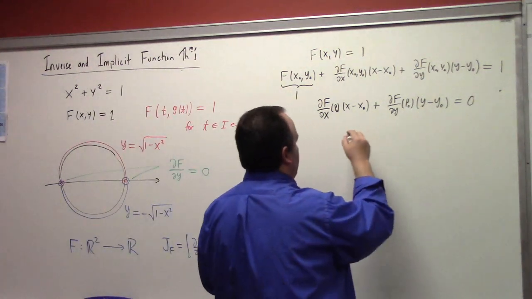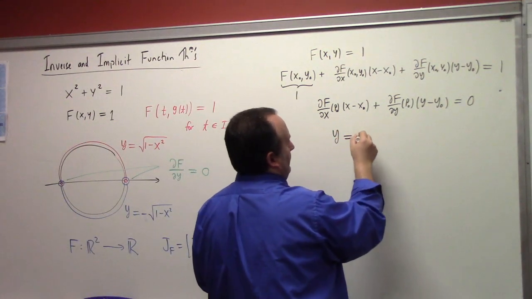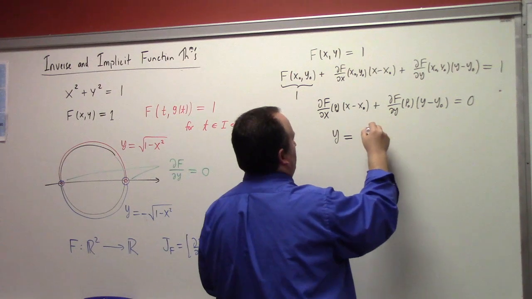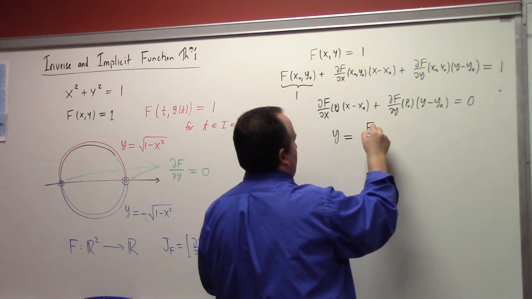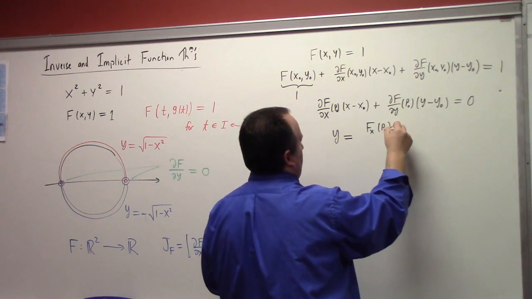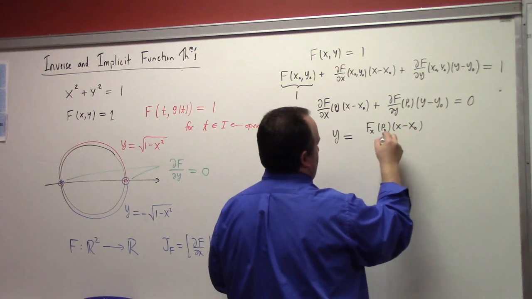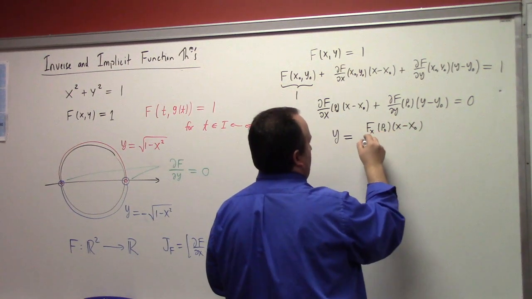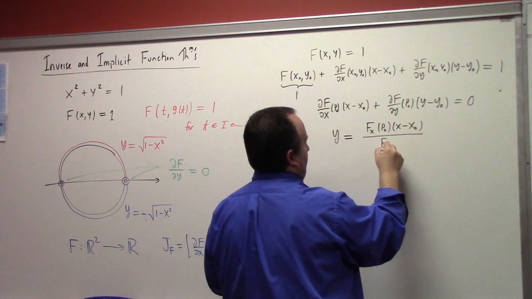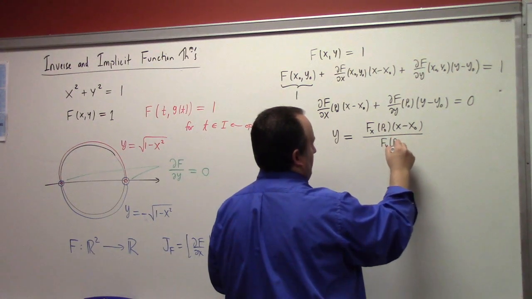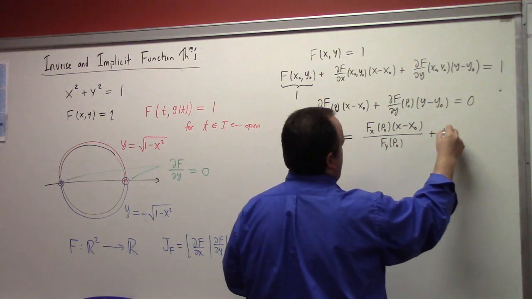So solve for y here, what do we get? Well, we get minus f sub x at p naught times x minus x naught, divided by f sub y. See that division right there? Plus y naught.